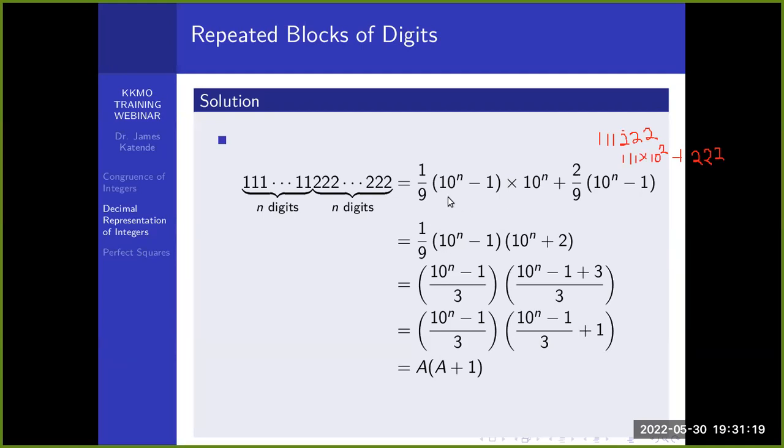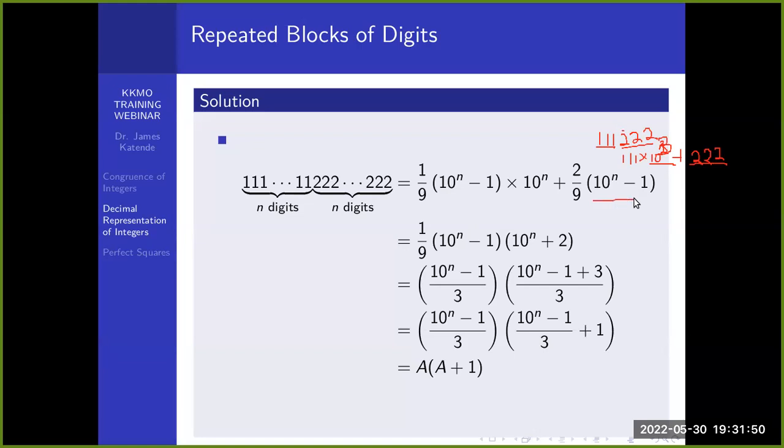So it's the same thing we have done here, but now this one is repeated 3 times. This should be 10 to the 3, not 10 squared, sorry. The reason it should be 10 to the 3 is because I have 3 digits here. I need 3 zeros at the end so that when I add 222, I get this number. So this should be 10 raised to 3, and not 10 raised to 2. So that's the same idea we are using here.